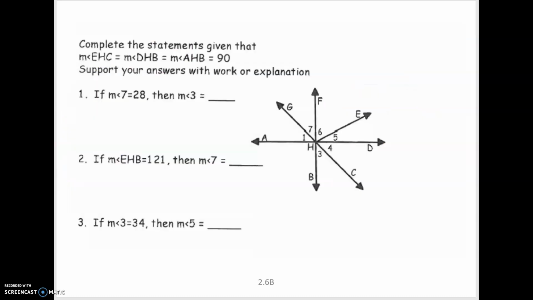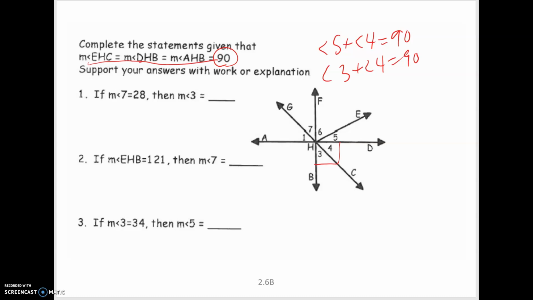Okay, last slide. Complete the statements given that EHC, so these two together make up 90 degrees. Notice all of these are equal to 90. So angle 5 plus angle 4 equals 90. Then we have DHB, so angle 3 plus angle 4 equals 90.